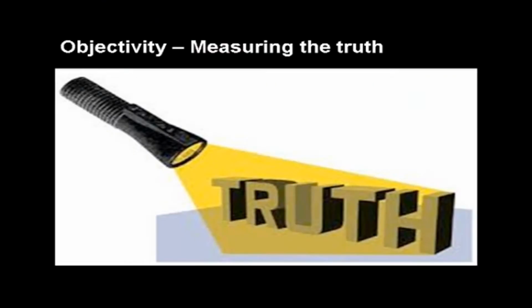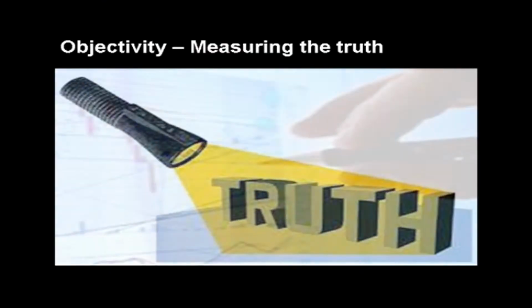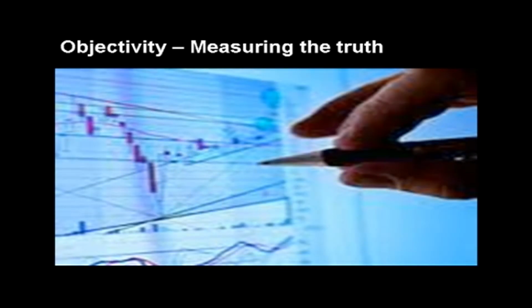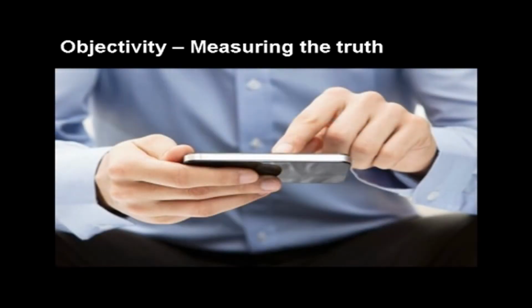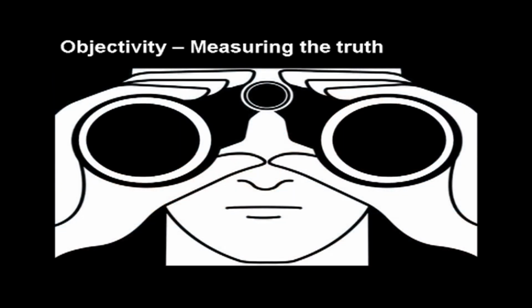The first one is objectivity. The research design should permit the use of measuring instruments to measure the truth or fact that was intended to be studied. The instrument is fairly objective, in which every researcher using it should arrive at precisely the same report.